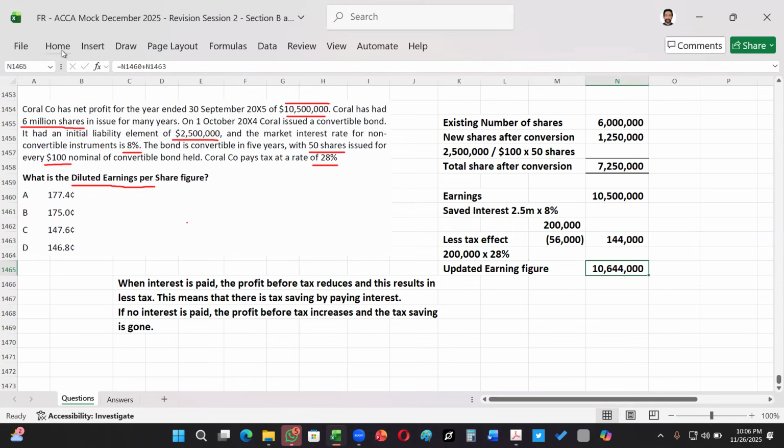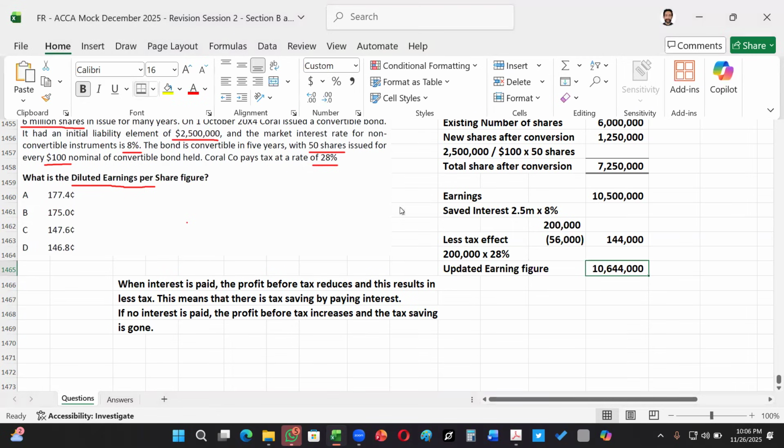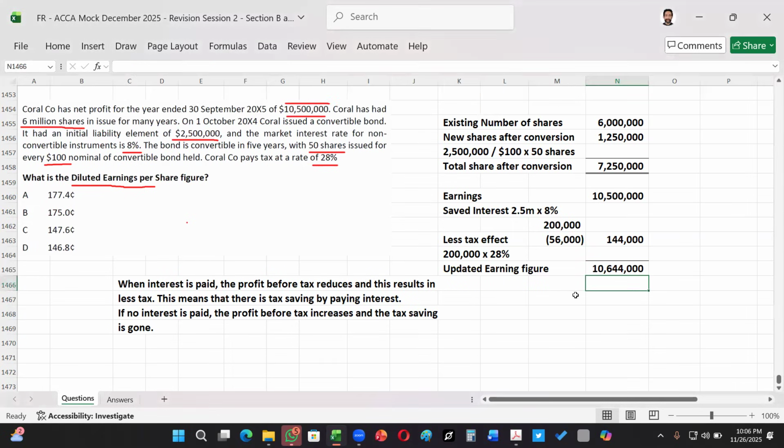So now we have got the updated earnings, and we have the updated number of shares, and we will have the EPS. Okay, we can say the diluted. The diluted EPS is going to be the earnings, which is going to be 10,644,000 divided by the number of shares, which are 7,250,000.